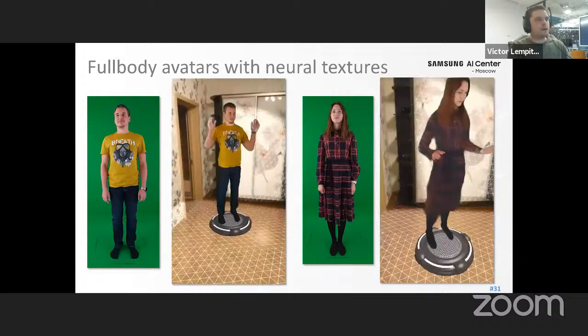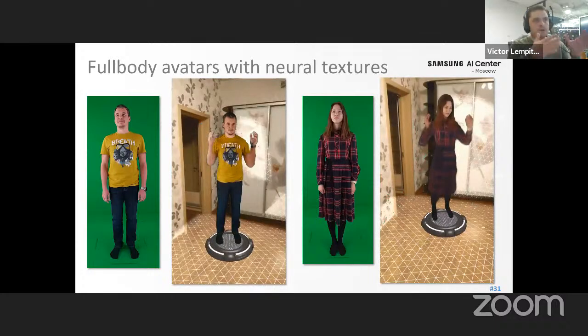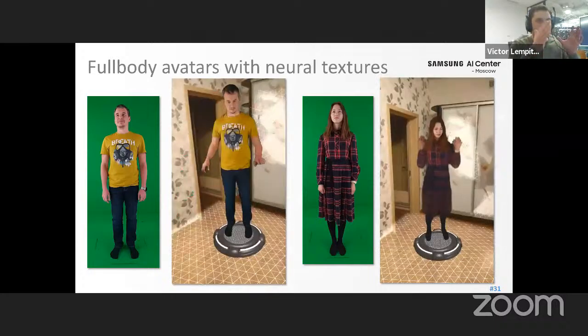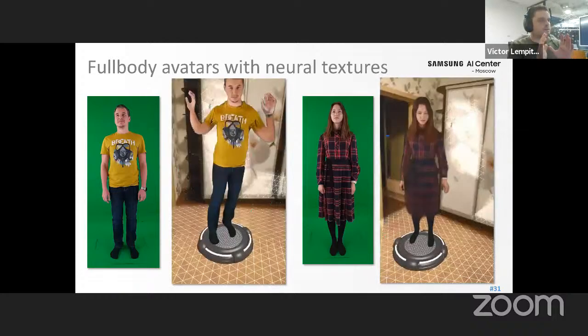As a reminder, the mesh itself models the body without clothing or hair. Clothing or hair is added by the neural rendering. And it works reasonably well even for loose clothing like skirts and long hair.